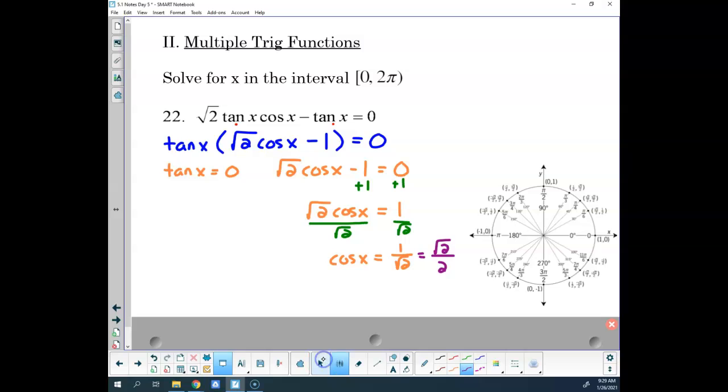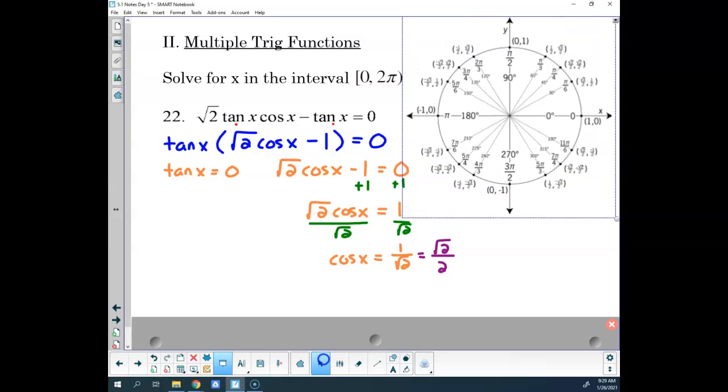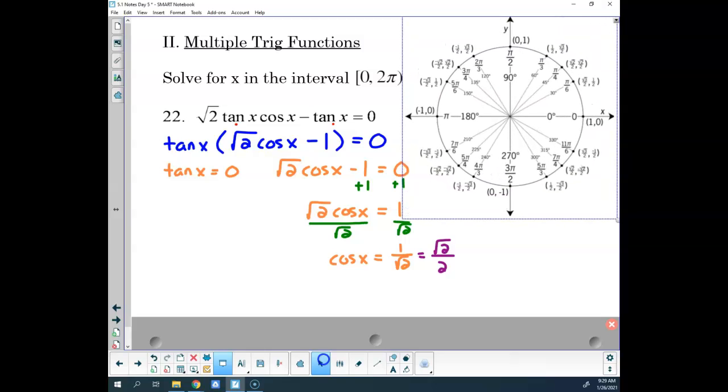Now, we go to our unit circle, and we say to ourselves, self, where on the unit circle, first lap, is tangent equal to 0? Well, remembering back to the fact that tangent is sine over cosine, or y over x, I need y to be 0.